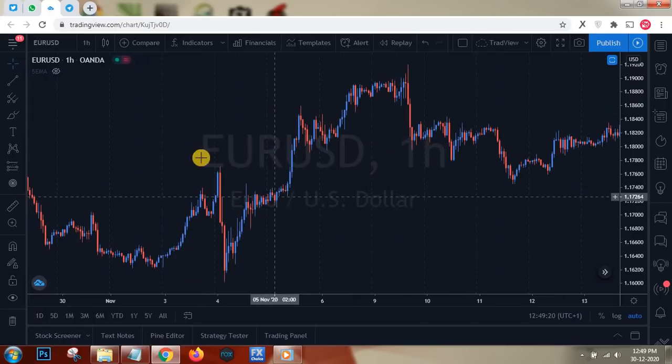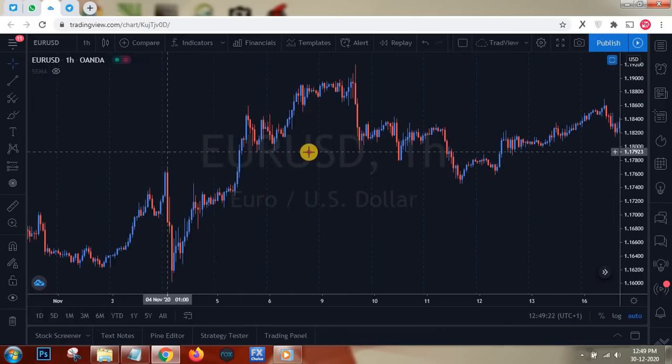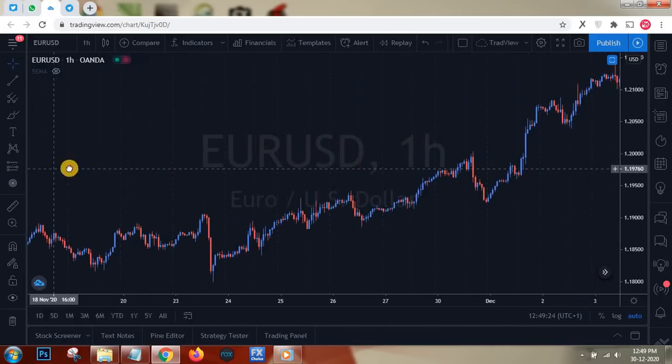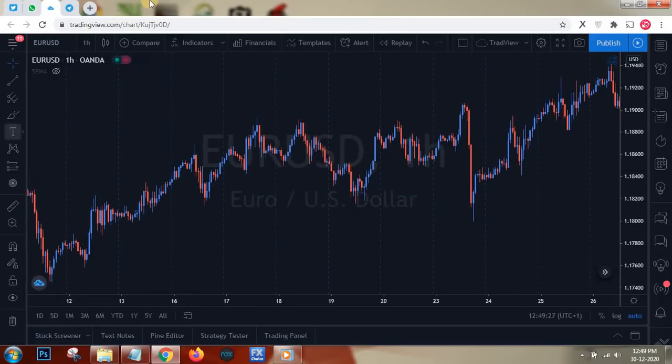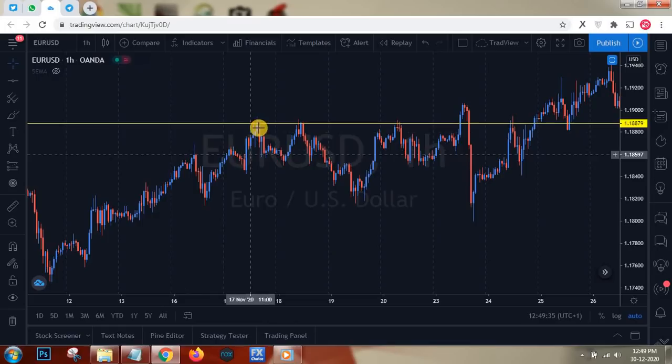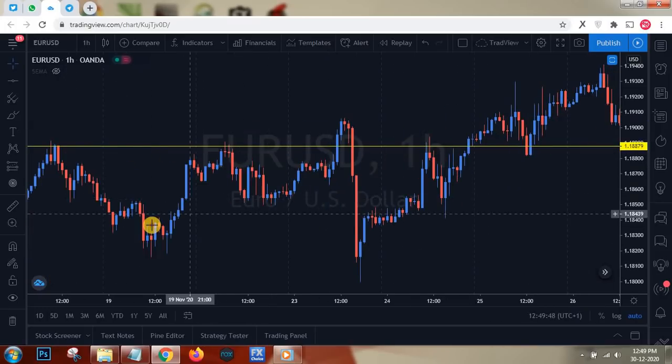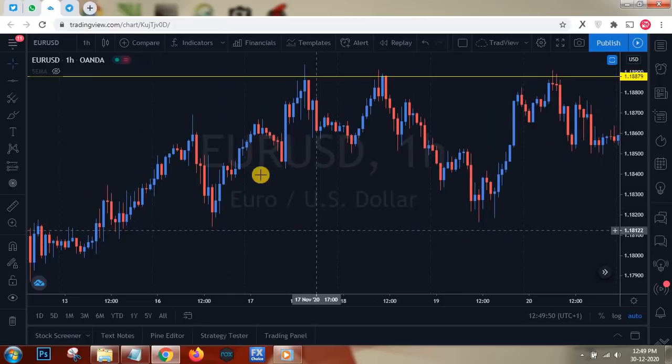Let's stay here. Now, if we draw a straight line here, then we will know that this is a good support. We have support number 1, support number 2, then we have another support. This is a very good zone to spot our candlestick pattern. So let's zoom out on this.